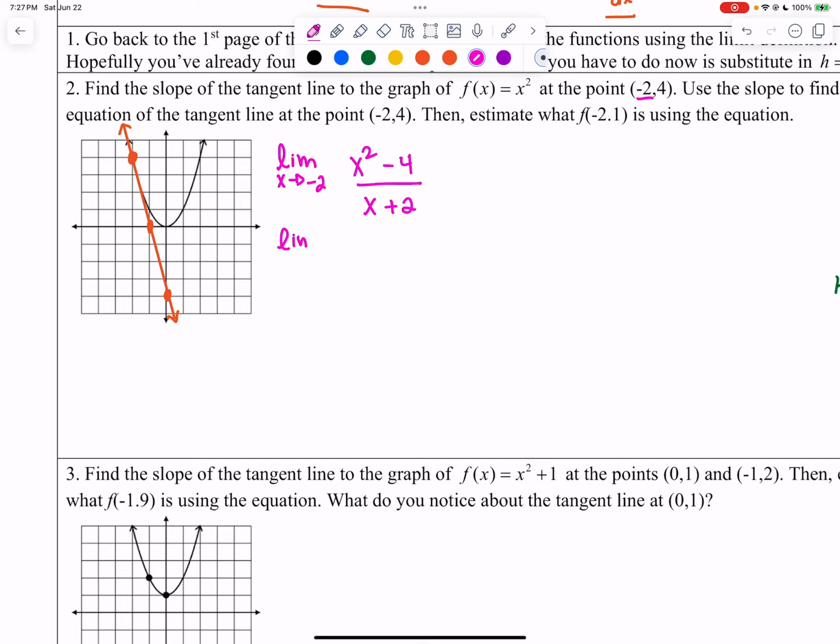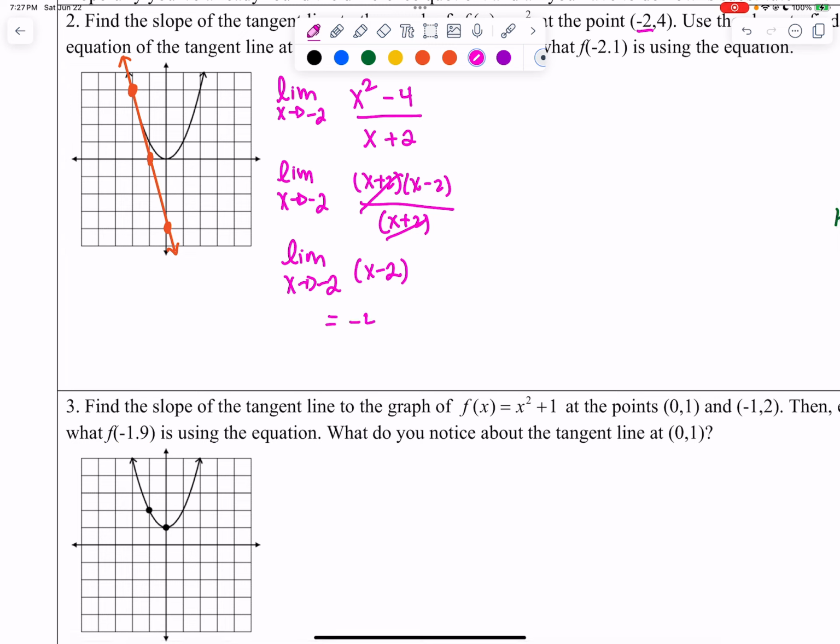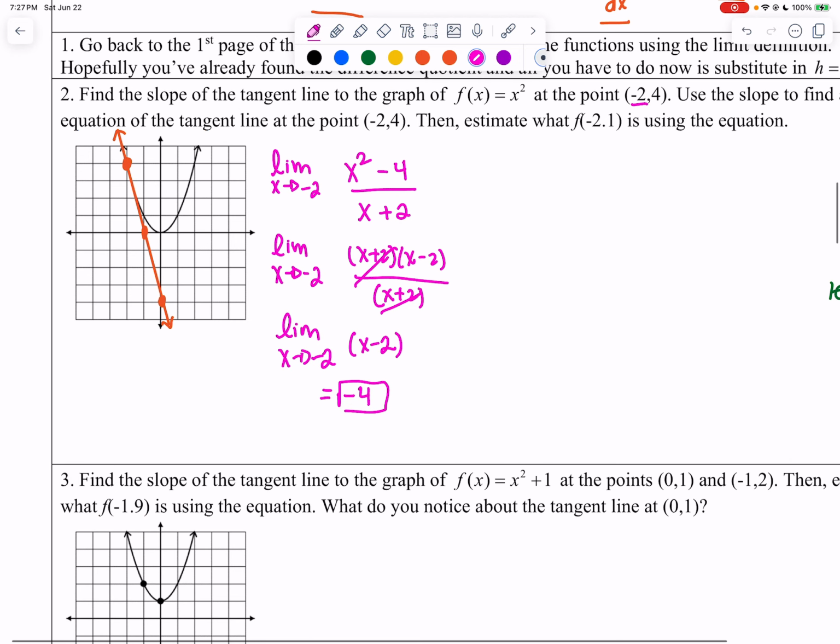Now, direct substitution isn't going to work, so I'm going to go ahead and factor this out and then cancel out the x plus 2. If I do that, now I'm just left with the limit as x approaches negative 2 of x minus 2, which is going to give me negative 4. And that is my slope at the point negative 2, 4.